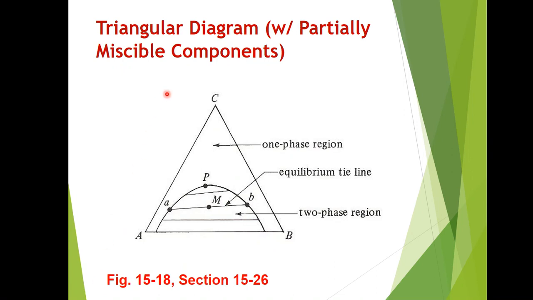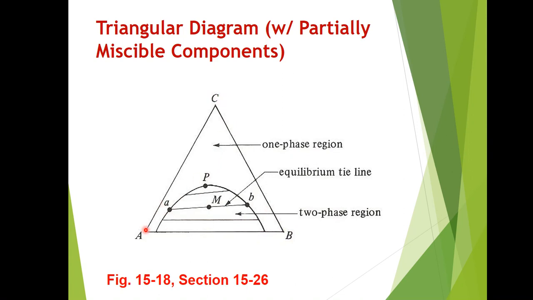Now, there are triangular diagrams which have partially miscible components only. Like in this case, let's say your component A is only partially miscible with the B or with the C. So how would you write that particular triangular diagram in triangular form?